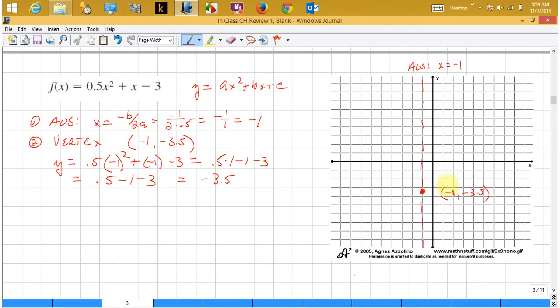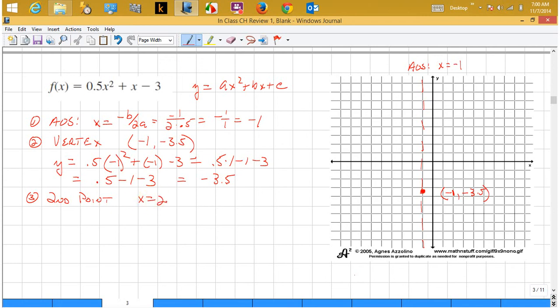So I'm going to move over to the right some and try to find another point. Maybe like x is equal to 2. Let's try that. So here I'm going to plot my second point, x equal to 2.